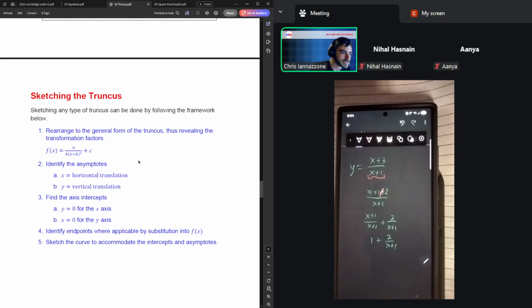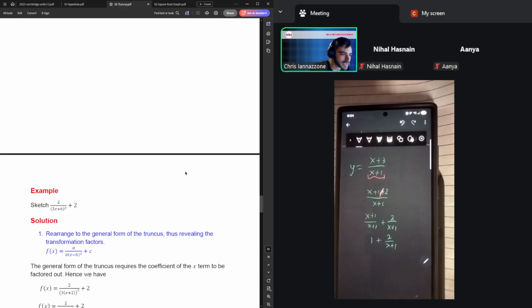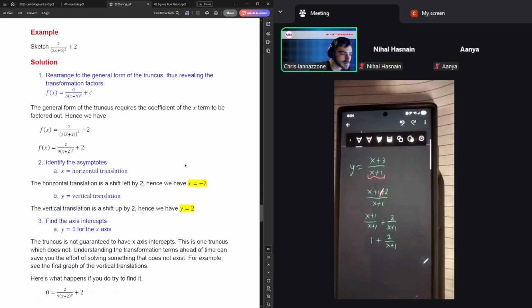So this is where what Nihal was doing before, which was looking for any reflections. This is where looking ahead of time to figure that out can be helpful, because if you try finding something that doesn't exist, you might confuse yourself, or worst case scenario, you're just wasting time, which still isn't great.